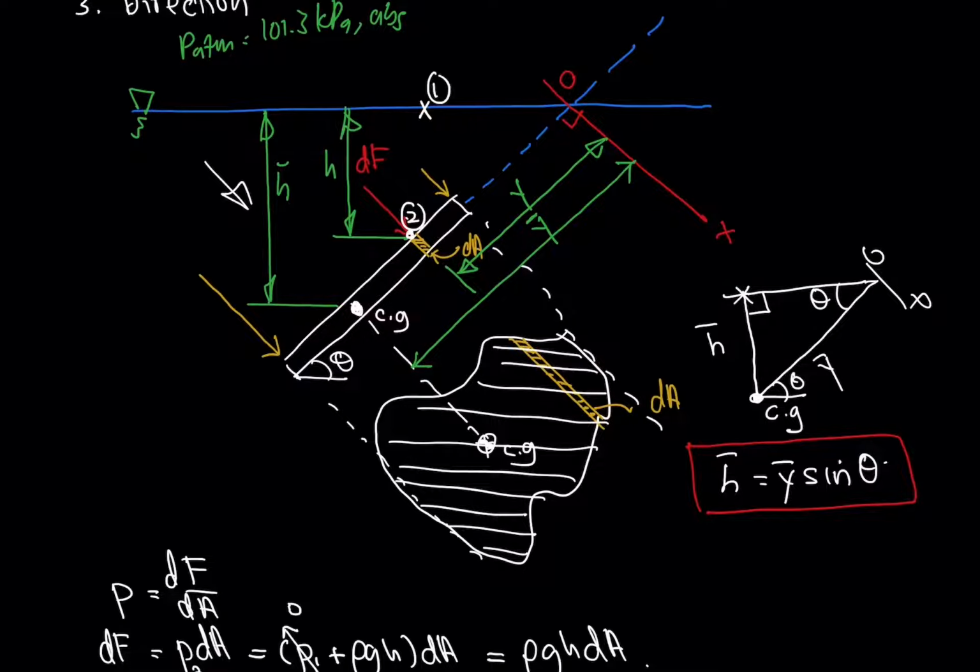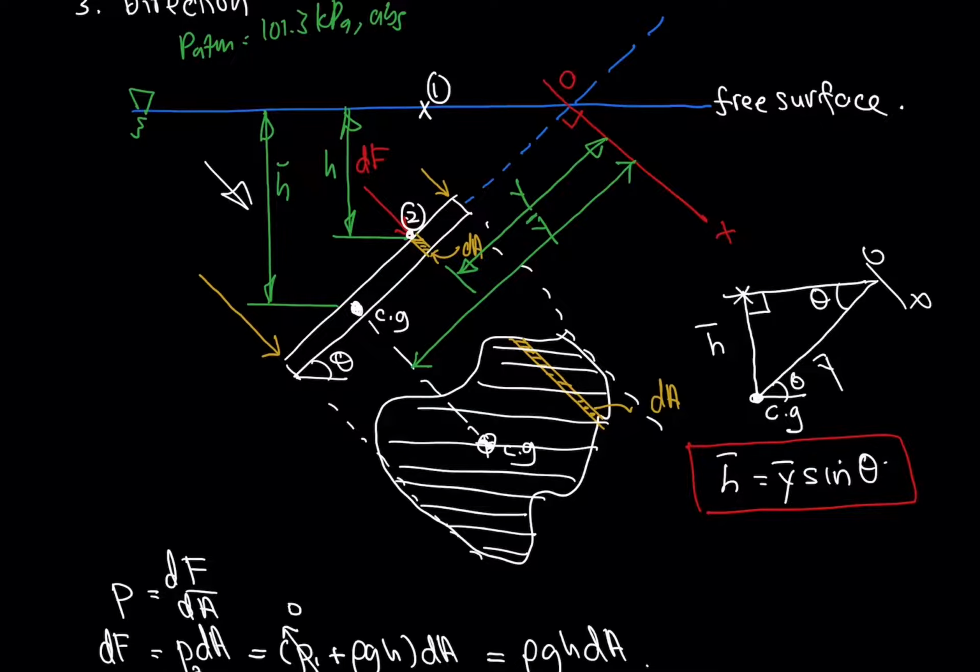You just extend the body of the submerged surface until it crosses the free surface, and then you draw a perpendicular line crossing that dotted extended line. From there you have the OX.